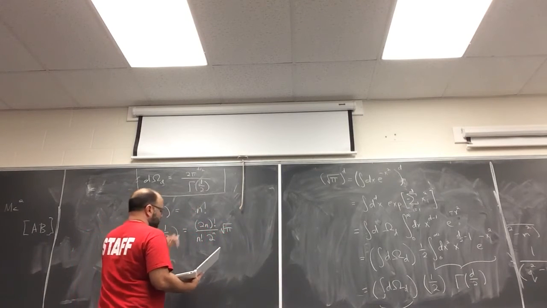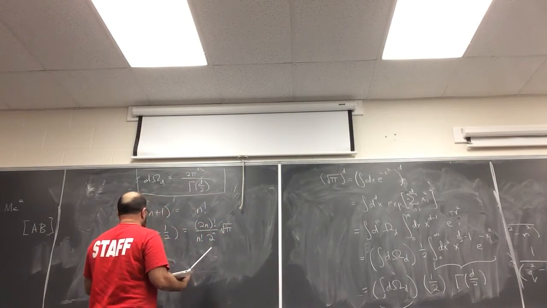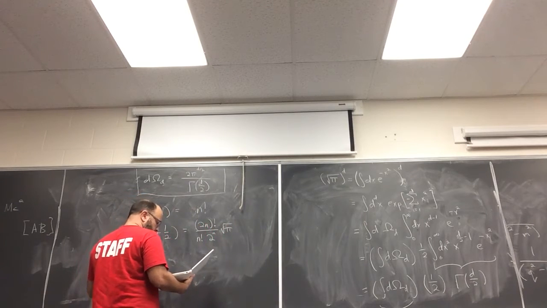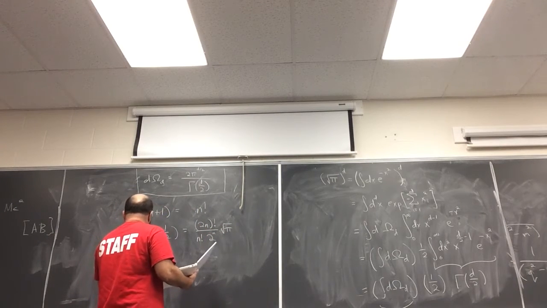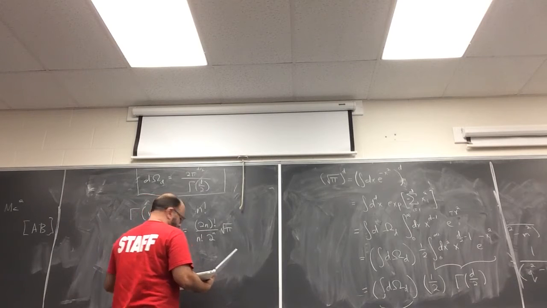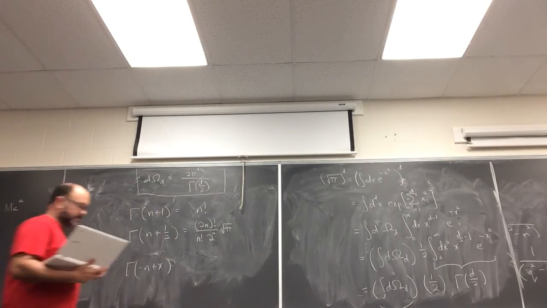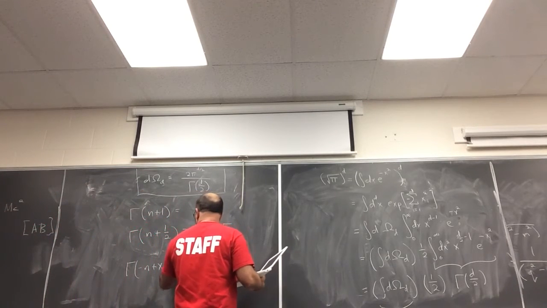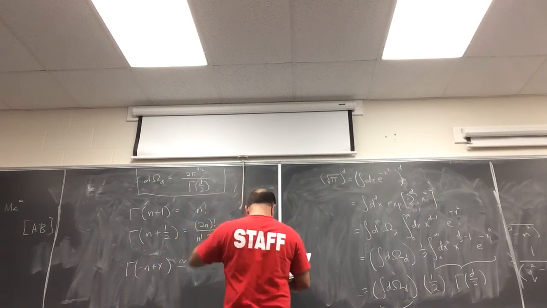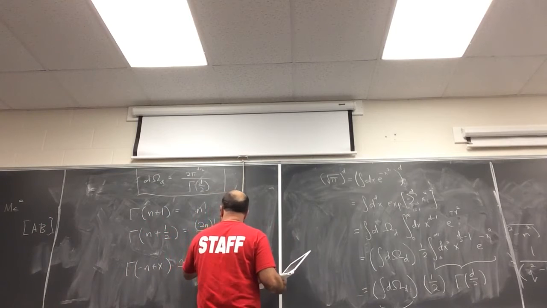So these are useful in reducing a gamma function. And then this one is particularly useful when you take the limit of small x. Okay? And this is going to be one that we use a lot.